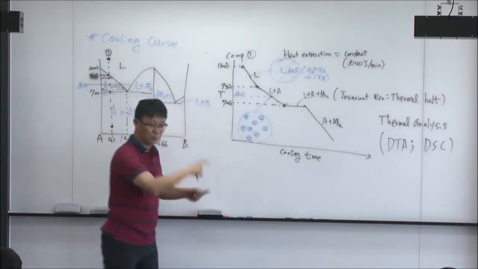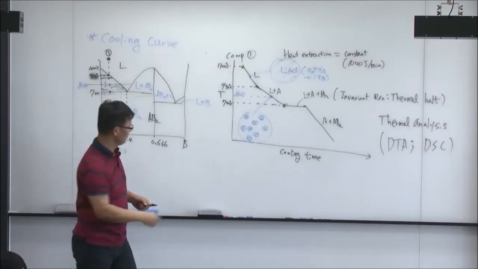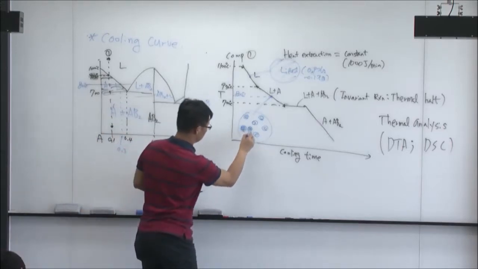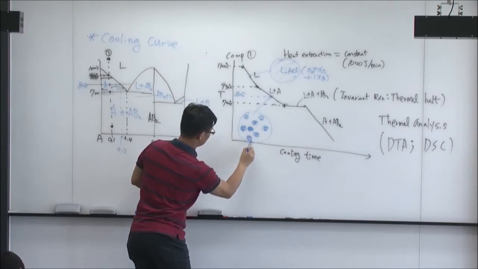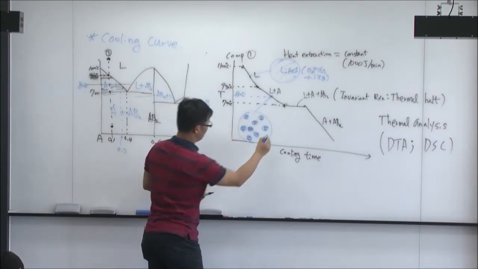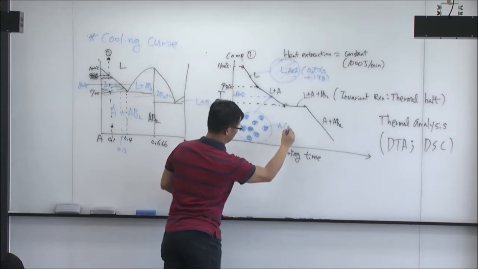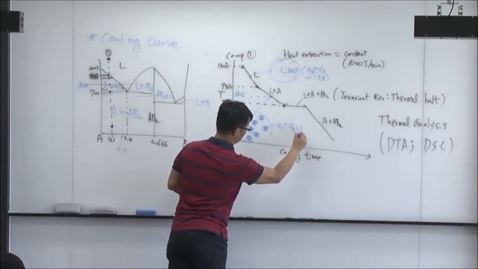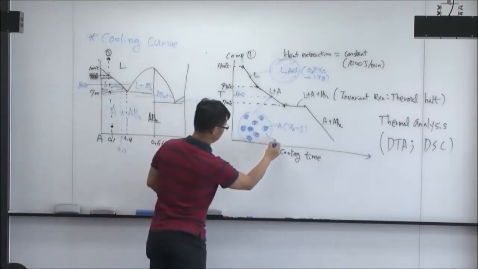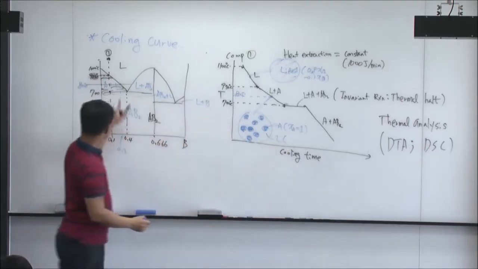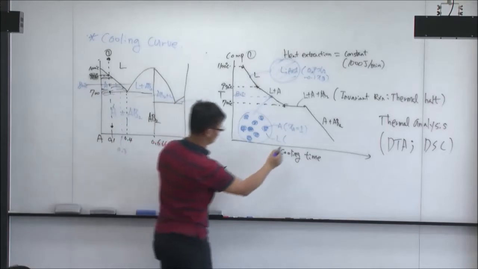The morphology of A could be whatever, dendritic, but you can just assume almost spherical particles like this. This is A, with XA equal to 1, so XB is 0. And for the liquid, the XA composition is 0.7.